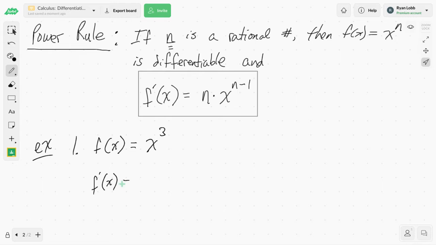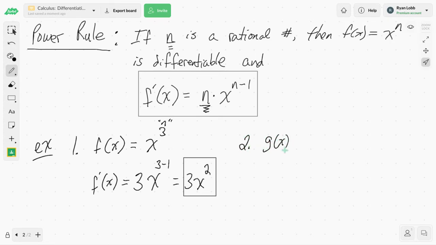All we have to do is take n, the value for n, and put it in front: n times x to the n minus 1. We'd simplify that as 3x squared. So that is the derivative of x cubed: 3x squared. Done. Simple.